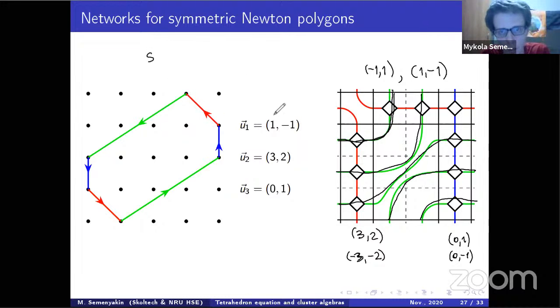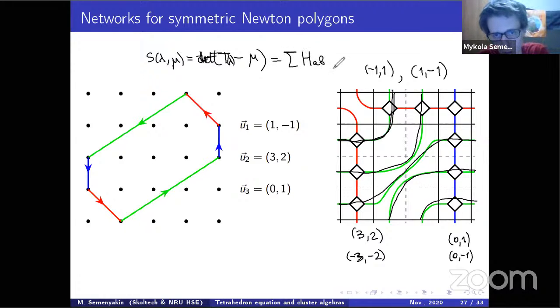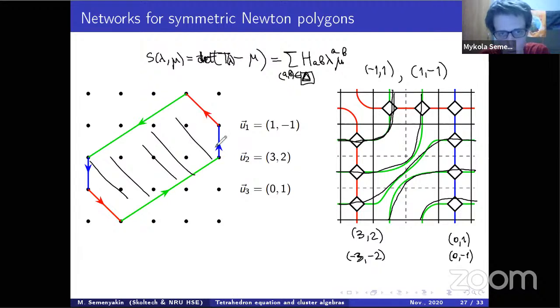And the statement is that if you now compute the spectral curve for this system, by computing the trace of the monodromy operator, this is a sum of Hamiltonians times spectral parameters, and here (A, B) belong to some integral polygon, and this polygon is exactly this Newton polygon which is drawn here.